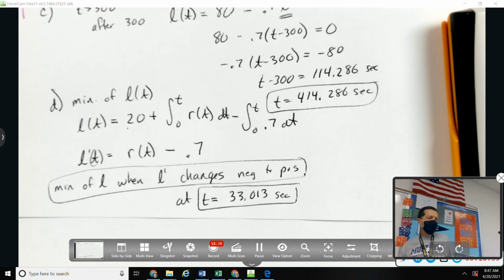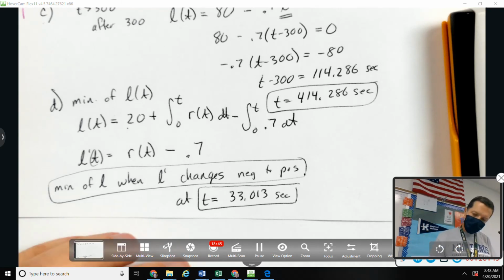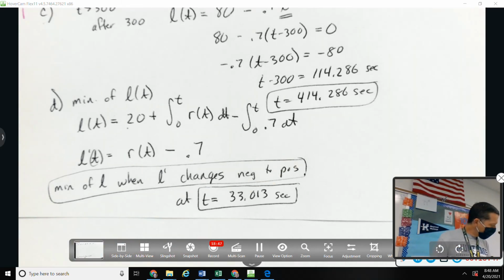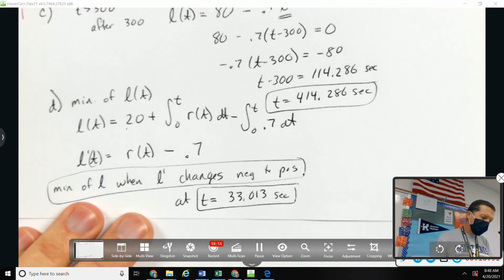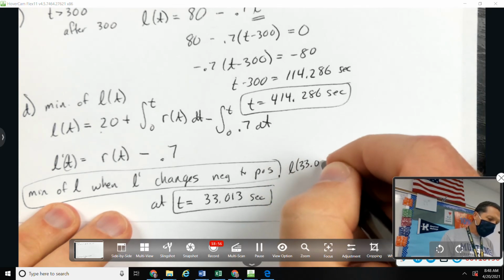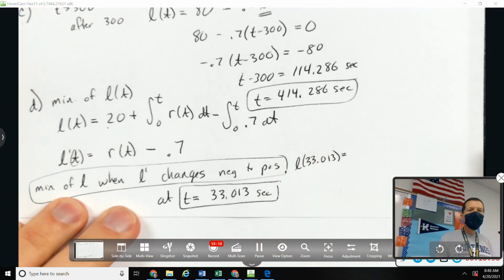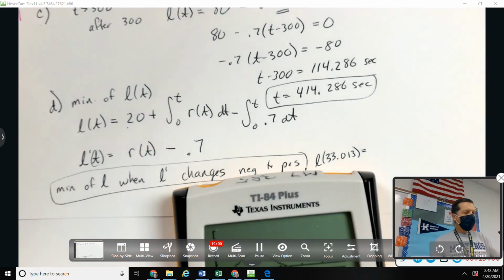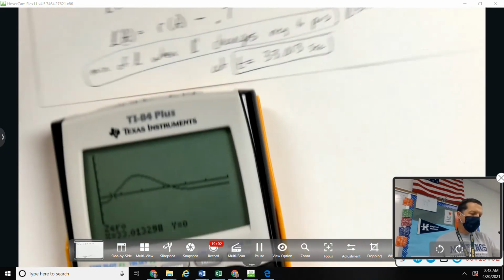But I also need the number of people. Wasn't that part of the question? To the nearest whole number, find the number of people in line. So I need L of 33.013. Well, I don't have to write anymore because I already told them what L is.